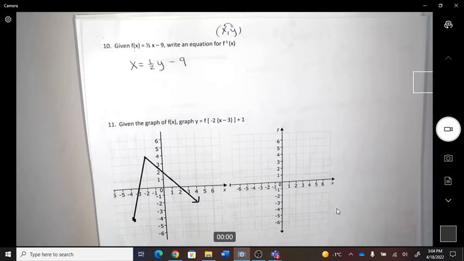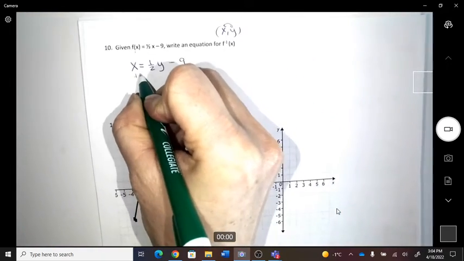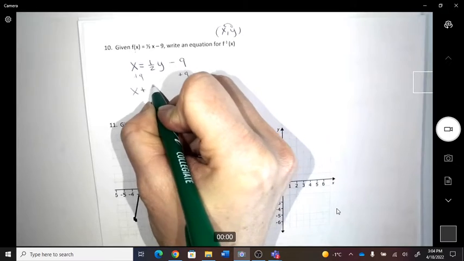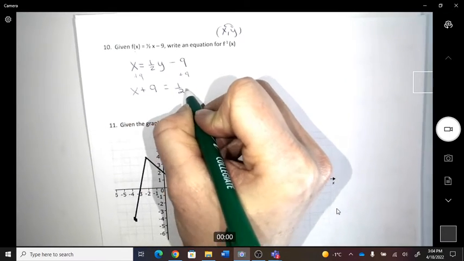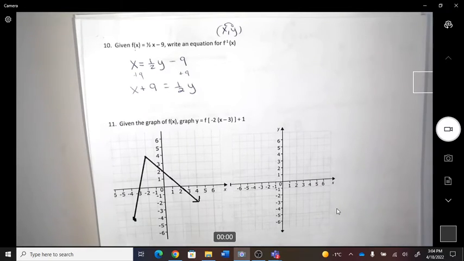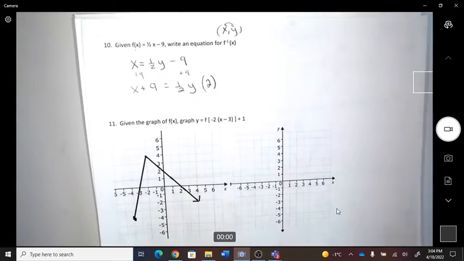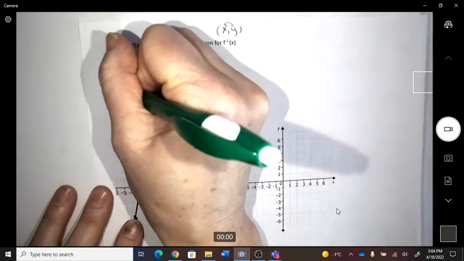Okay, so what should I do algebra on here? Add 9. So x plus 9. And then I should divide by a half, which in math is the same thing as multiplying by 2.